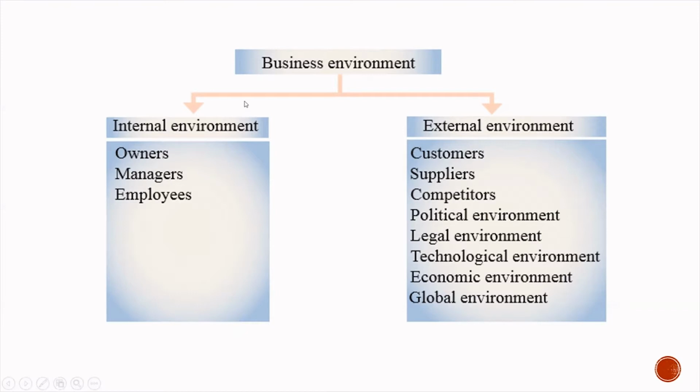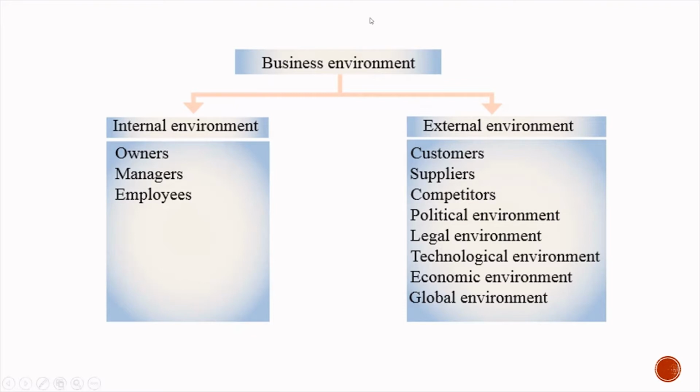Right? So, now let's understand what are the factors in the internal environment of a business. There are three main factors or forces. They are the owners, managers, and the employees. Those three consist of the internal environment.